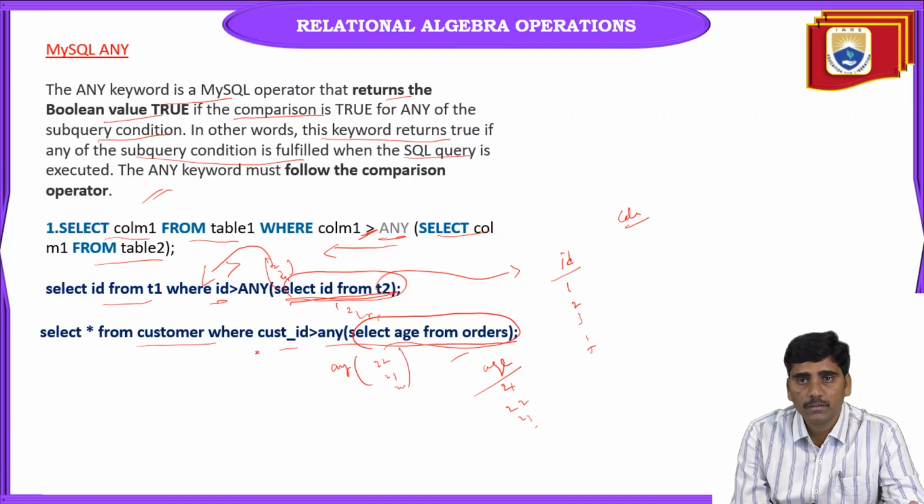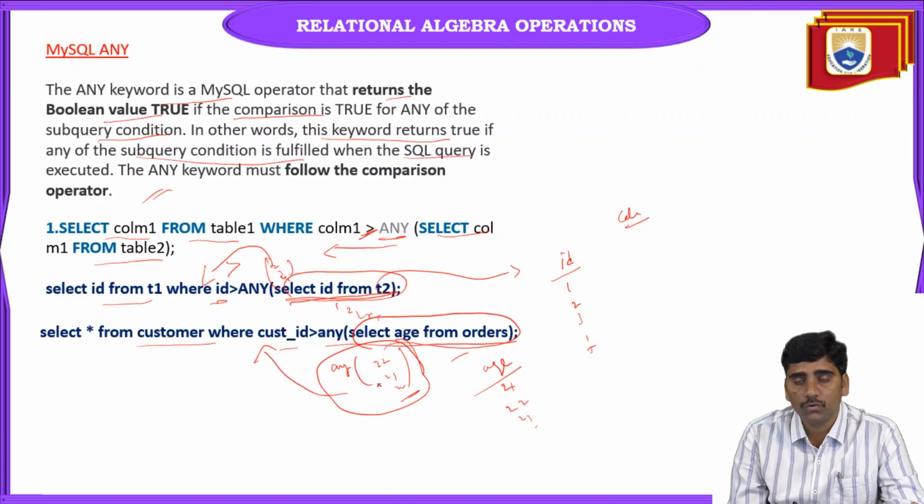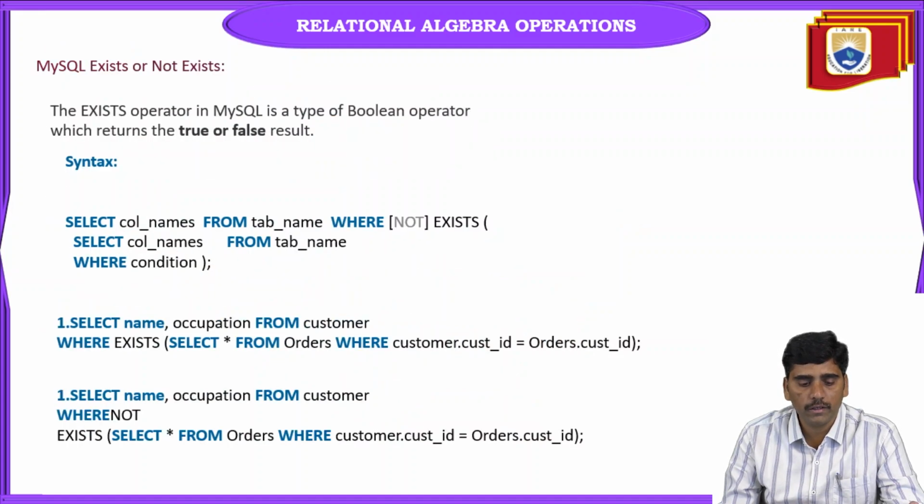So select star from customer where customer ID greater than any of these 22, 23, 24 means whoever has a value greater than any of these values will be displayed. So that is about the ANY condition.